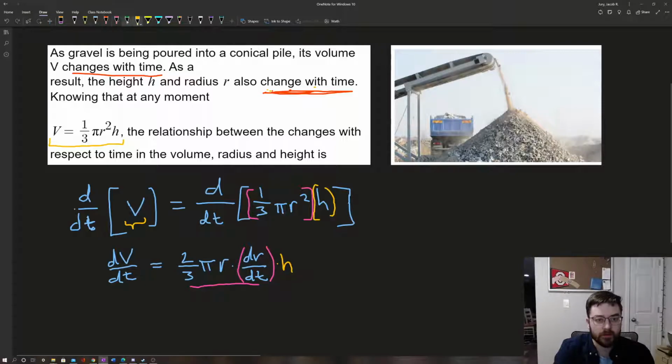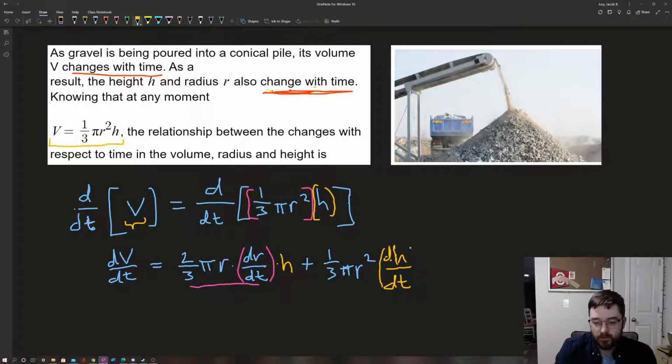I'll try to use some different colors here so we can get some pieces identified. And then plus the whole 1/3 pi r squared, times the derivative of h with respect to time, so that's just dh over dt. All right, cool.